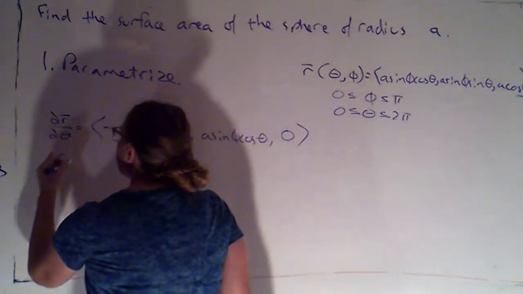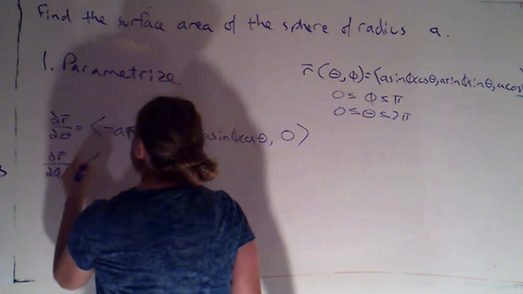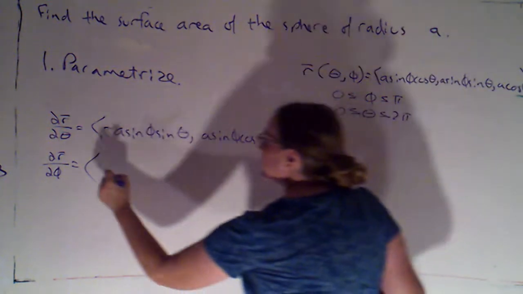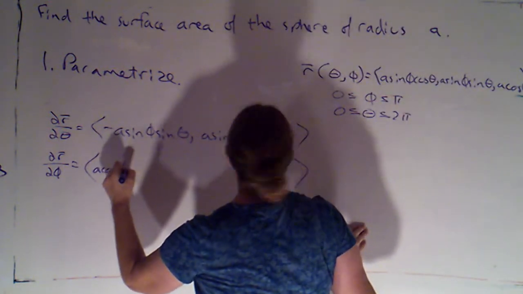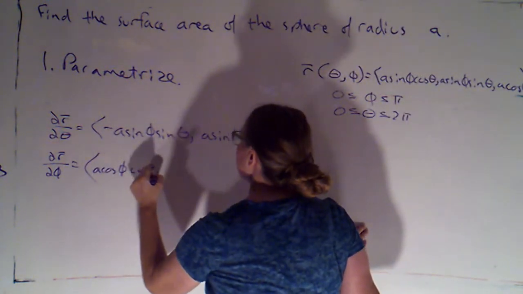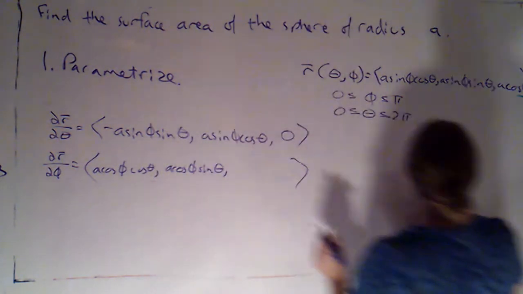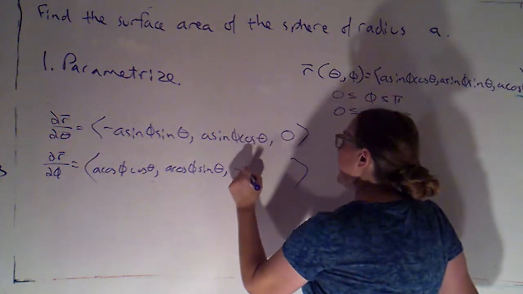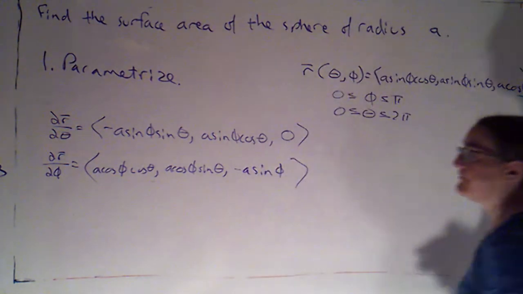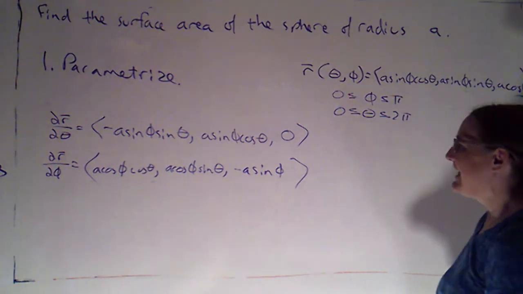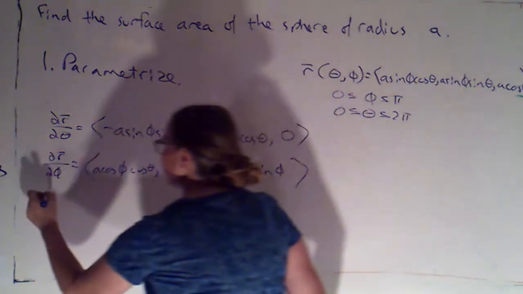If I look at the partial of r with respect to phi, that's going to be a cosine phi cosine theta, a cosine phi sine theta, and then negative a sine phi. So, if I want to take a look at the cross product of these two things, let's see, I think I've got space.